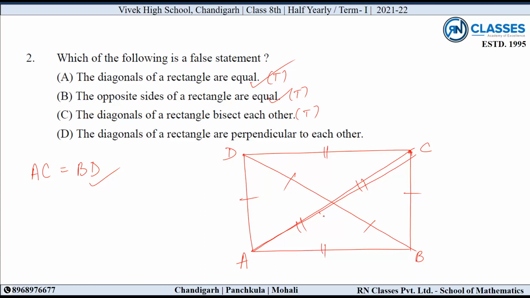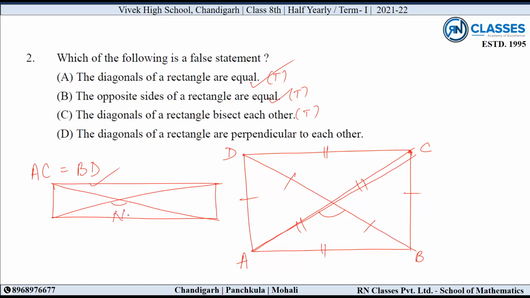Does this look perpendicular to you? Is this 90 degrees? Let's see with this kind of rectangle. This is the diagonal. Is this 90 degrees? No. So this is false. Answer is D part.